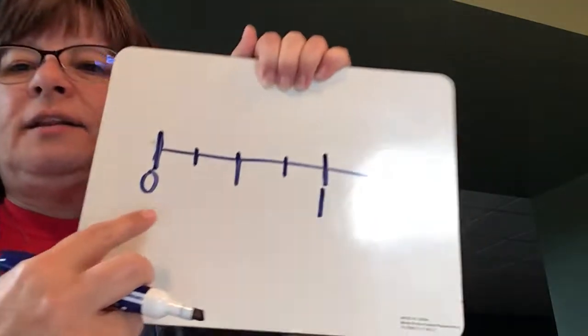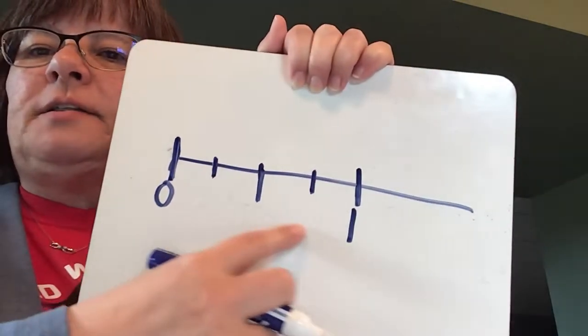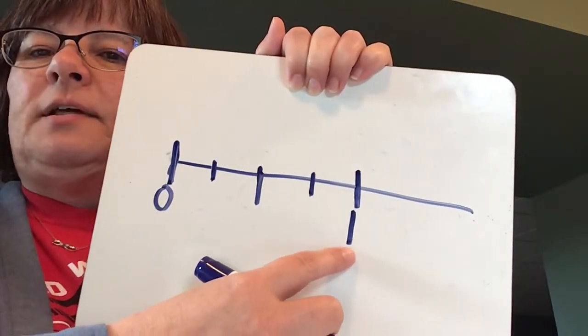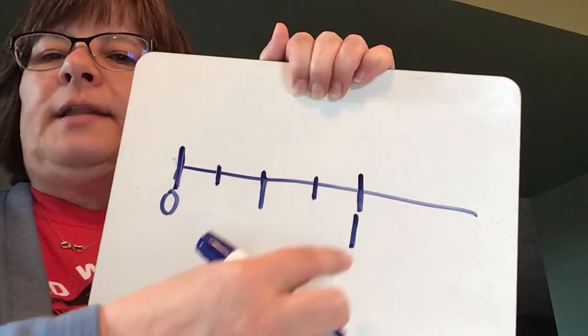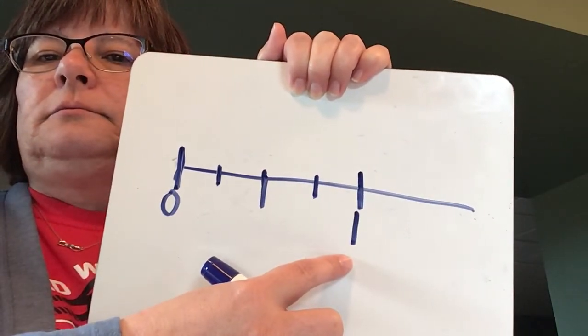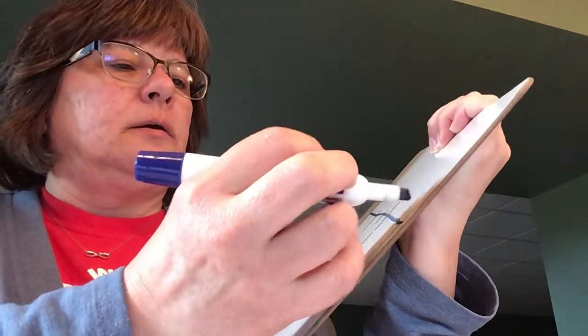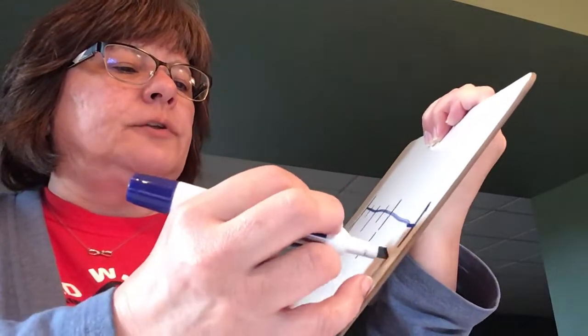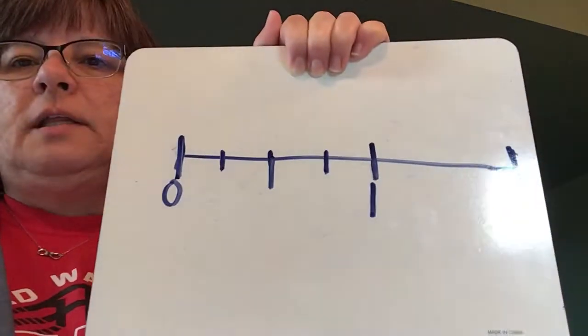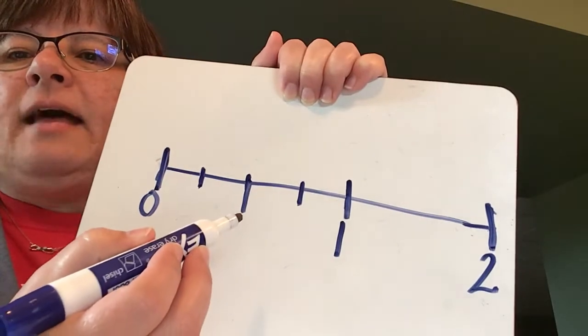You'll notice that the whole inches, the whole numbers, have the longest line. And so the next one would be a long line for 2. Then the next longest line is the 1/2 inch.